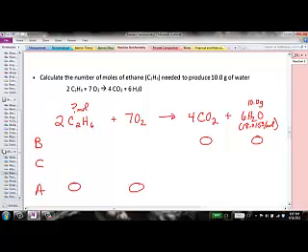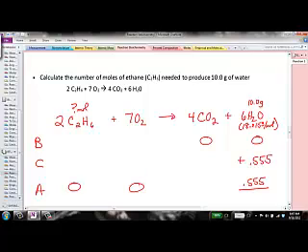When they give me a value for a product, that's going to be what I want to end up with, which means it's going to go in the after position. So if I have 10 grams divided by the molar mass, that's going to be 0.555 moles of water, which means my change was plus 0.555.